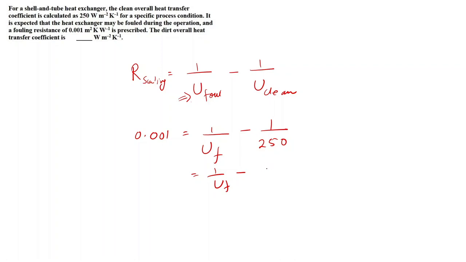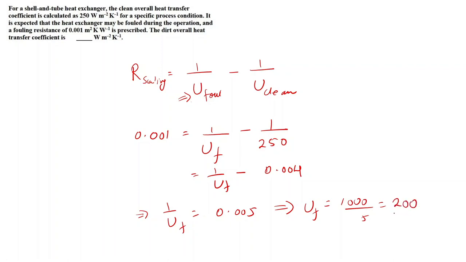So this will become 0.004, and UF will become 1000 upon 5.